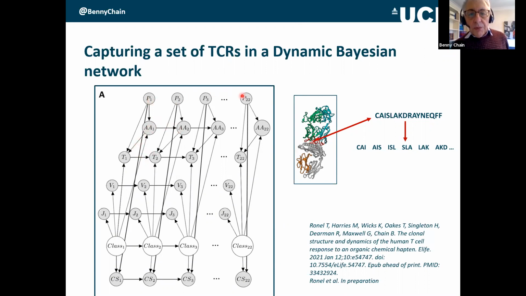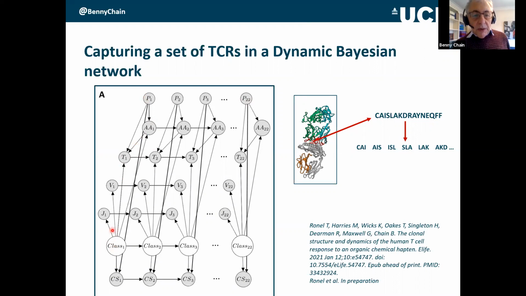Imagine that these P1, P2, P3, P4 are positions along your T cell receptor, and the amino acid found at that position. The triplet, for example, which is found at this position, in this case T1, will be conditional both on the position along the T cell receptor, but also conditioned on what the antigen being recognized is.